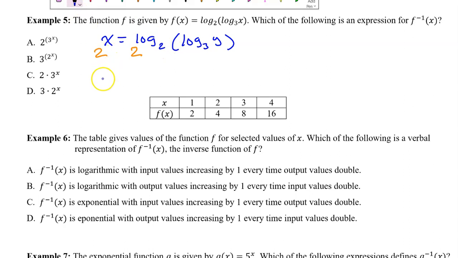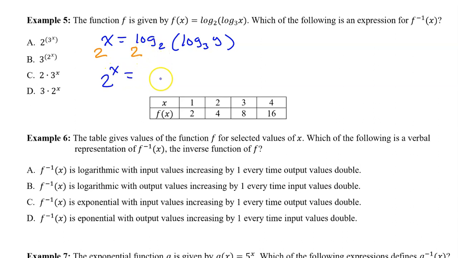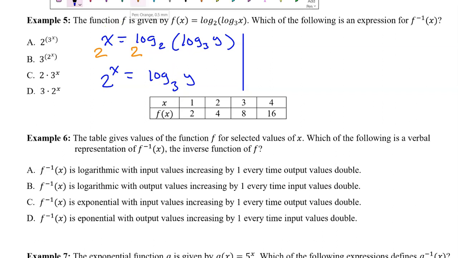So on the next step, we will have 2 to the x power is equal to log base 3 of y. So I'm closer to having y by itself, but now I want to get rid of the log base 3. Guess what I'm going to do to make the log base 3 go away?